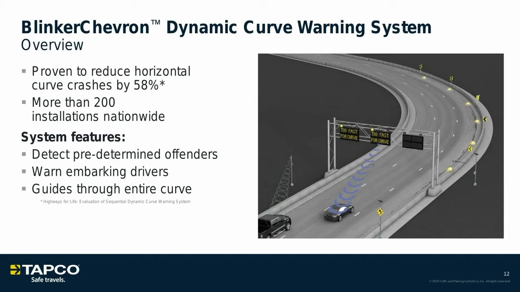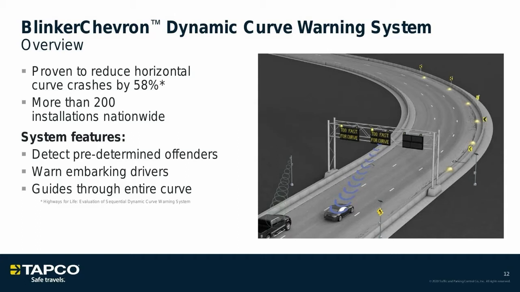We've got more than 200 of these nationwide. So we've proven that we can provide a system that's going to deter people from dying in these crashes, and also allow vehicles to slow down and make their way safely through a curve of these types. What we can do here is detect and predetermine the offenders.